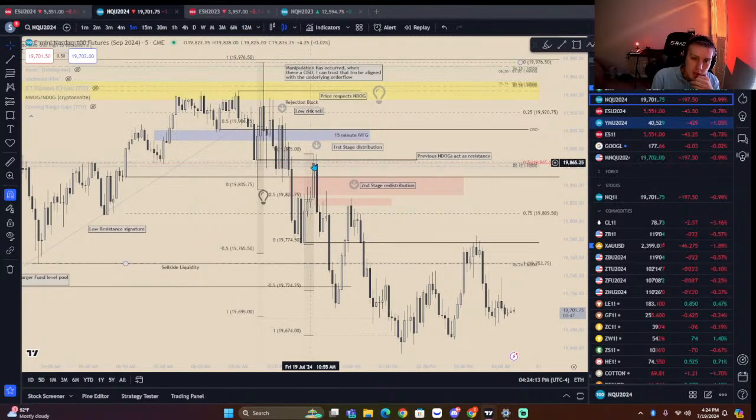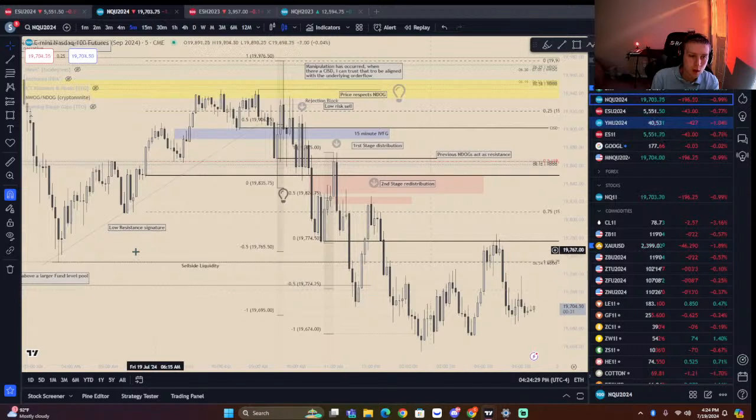As we see, 50% acts as true resistance. We have a stop hunt around equilibrium on the retracement. 25% is where we get our lower sell. 75% is where we get our second stage of redistribution. Beautiful. And this low actually is a new day opening gap right there.